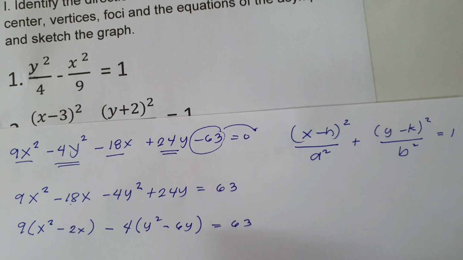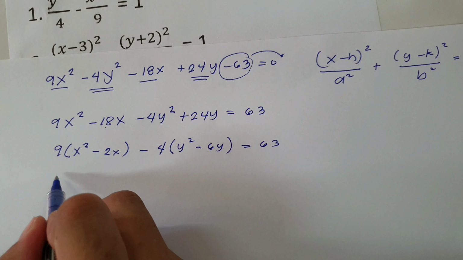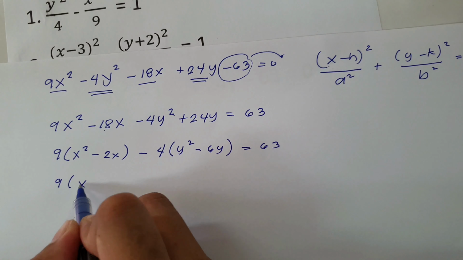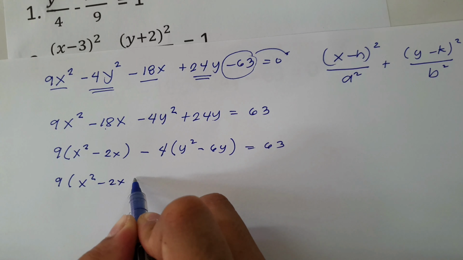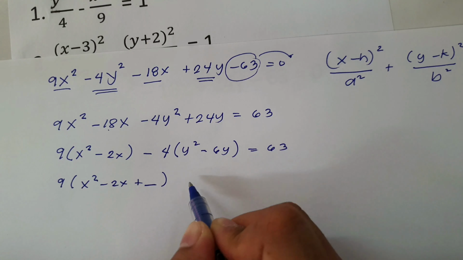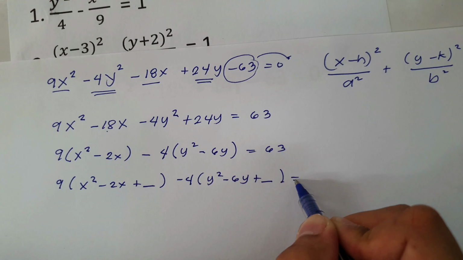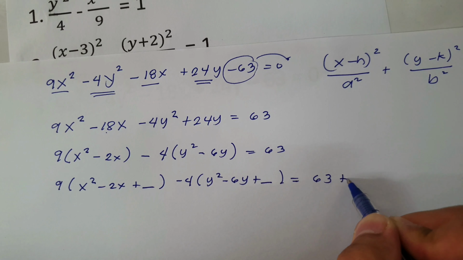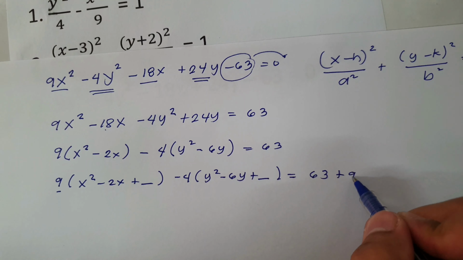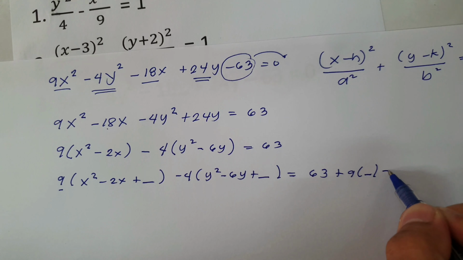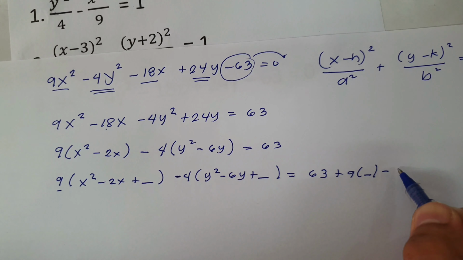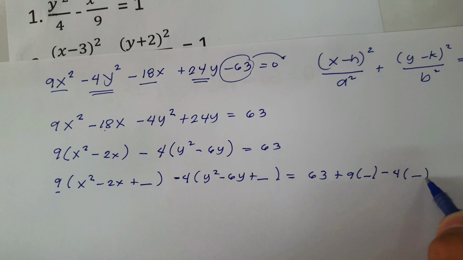And then let's perform completing the square. So that is 9 times x squared minus 2x plus blank, minus 4 times y squared minus 6y plus blank, equals 63 plus 9 times blank minus, because we have a negative sign, 4 times blank.